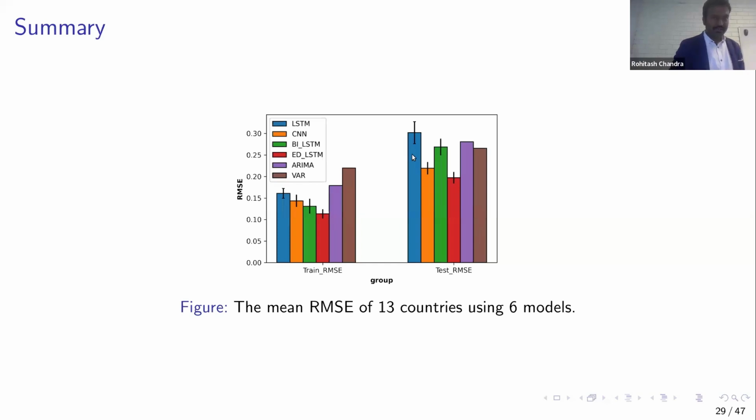And you have LSTM, which is not that bad, but you could see CNN is doing much better than the LSTM model, which is interesting because CNN is kind of meant more for computer vision tasks, and traditionally people thought LSTMs were more suitable for temporal data analysis, time series prediction models. But these days, you see CNN models are doing much better than LSTM for some very simple problems.